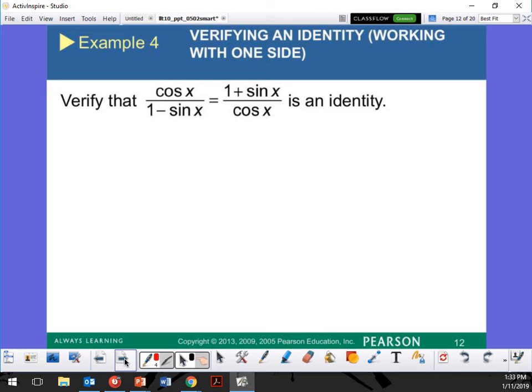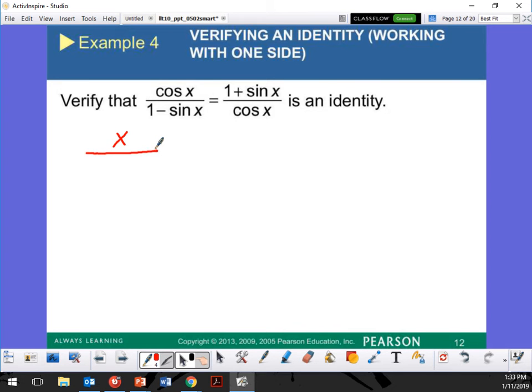Okay? Example 4 says verifying an identity working one side. So this is the last example I'm doing for today. So let's take a look right here. So now from right here, cosine is going to turn into just x. X by itself. I don't have to put it over 1, right? Because I'm not dealing with another fraction on top.